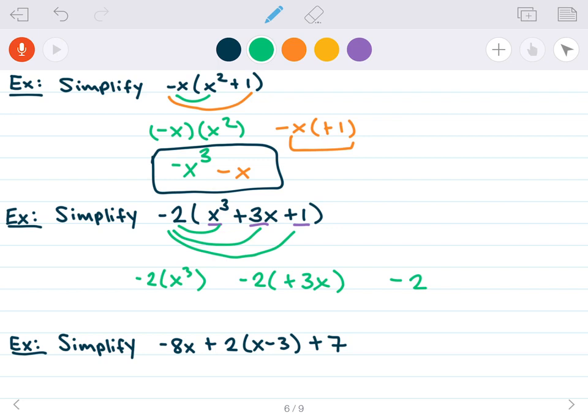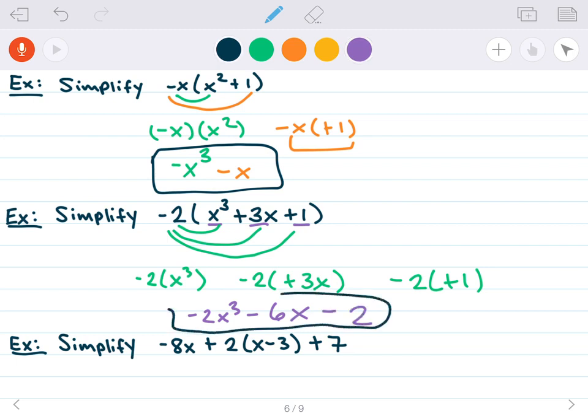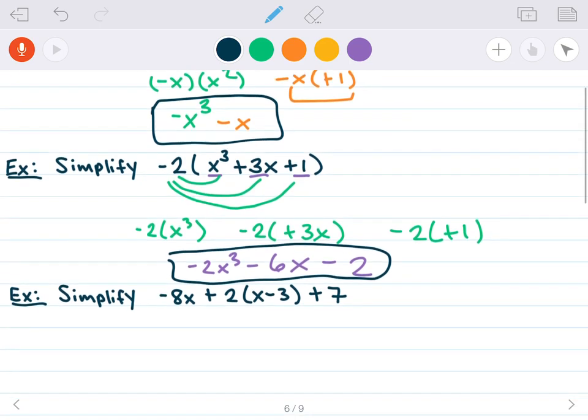And a negative 2 times a positive 1 for the third one. Simplify this out. And we get negative 2x to the third, negative 6x, and then a negative 2. And that's going to be our answer.